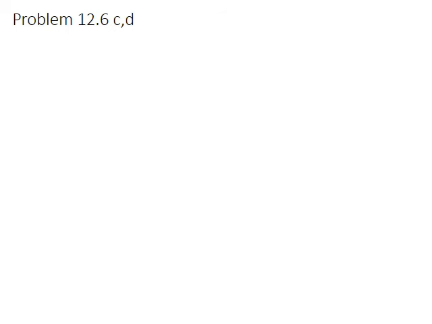Let me go over problem number 12.6c. Again, in this case also you need to identify which of the bases is more basic between the two structures that they have given. So let me write down the question first.